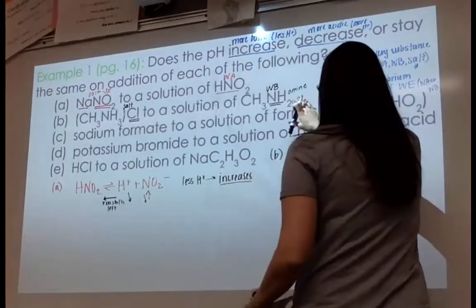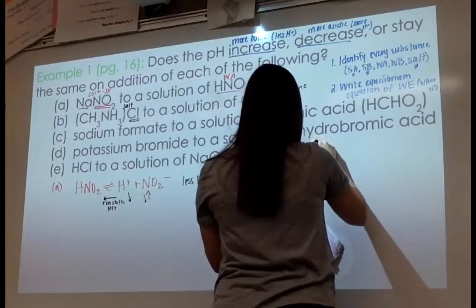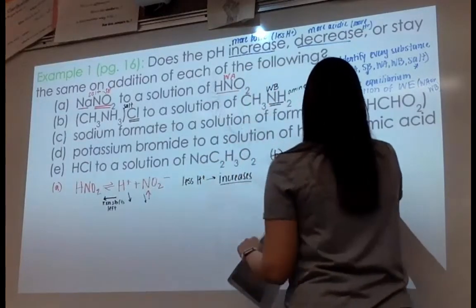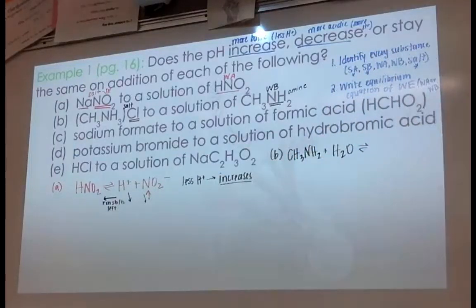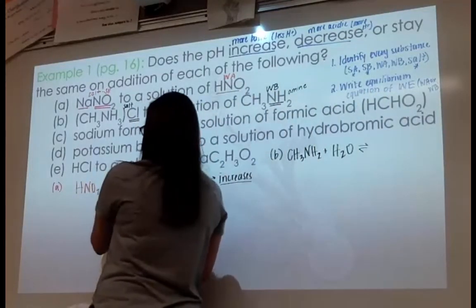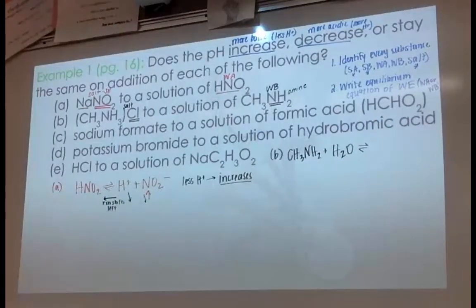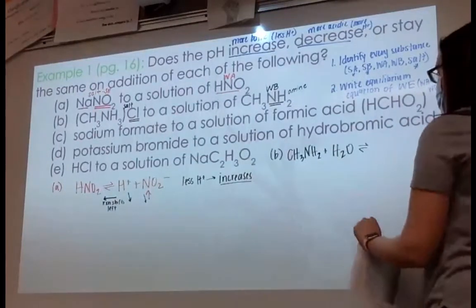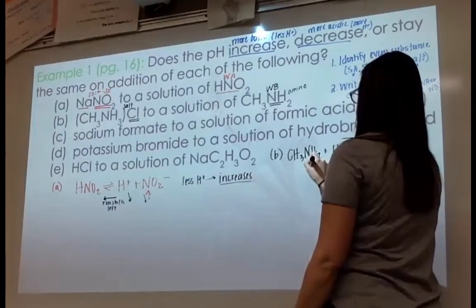So let's write the equilibrium of this weak base. CH3NH2, because it's a base, I'm going to show water in the equilibrium. Remember, acids we can actually ignore, right? There is plus H2O here, and this is H3O plus. We just simplify it. Bases are a lot harder to simplify. CH3NH2 plus H2O, so this is a base.